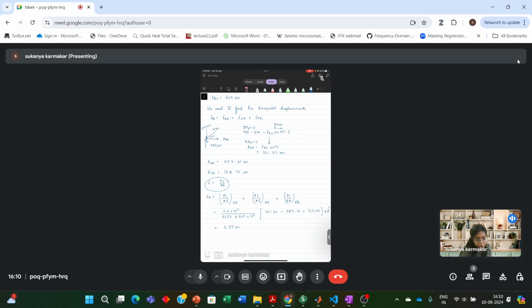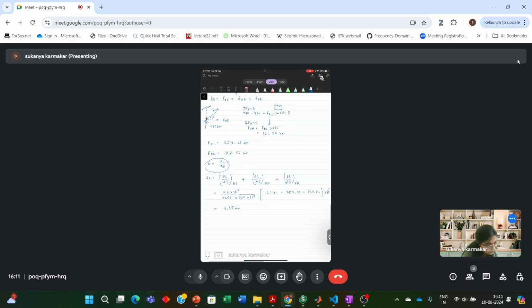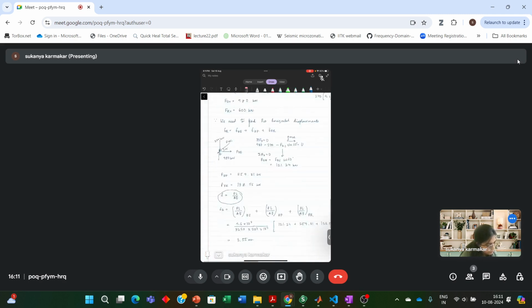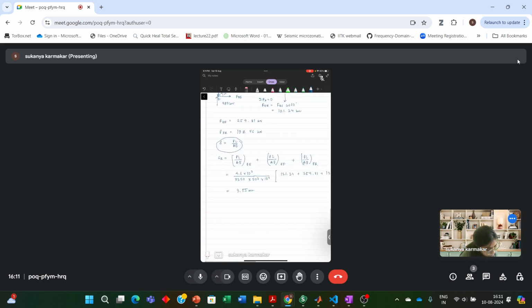Now let's solve a question on friction. So this was question number 4. So let's move on to question number 5. So you have a vehicle kind of thing.